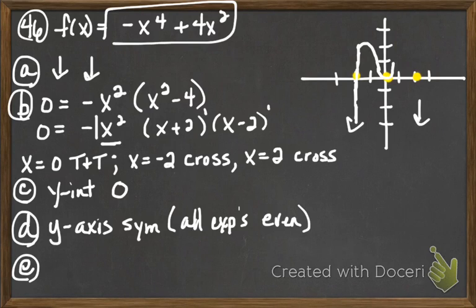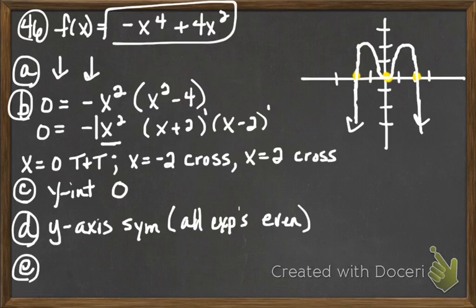And then we know because it has y-axis symmetry, it's going to go up the same amount on the right-hand side as it did on the left-hand side, and it will have to turn back around to cross at that last x-intercept. What we don't know is how far up both sides go.